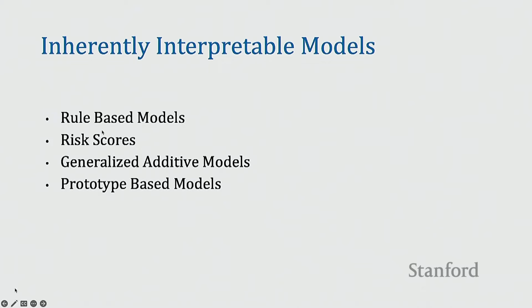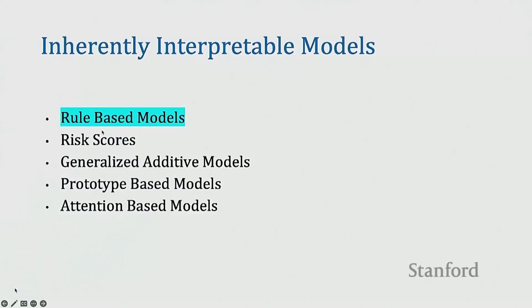All right, so again, with the renewed interest recently, there are a lot of approaches, and the constructs are probably what I would encourage all of you to take away from these discussions. People have tried to build several kinds of inherently interpretable models. One is rule-based models.